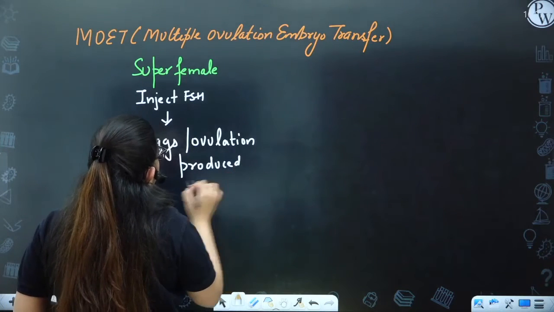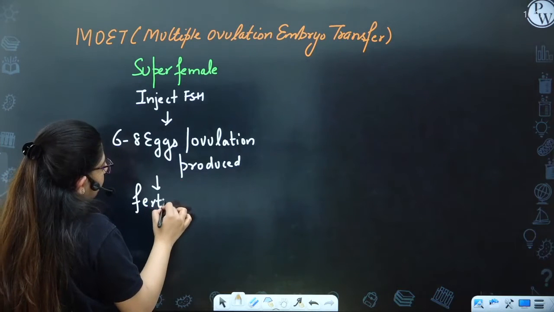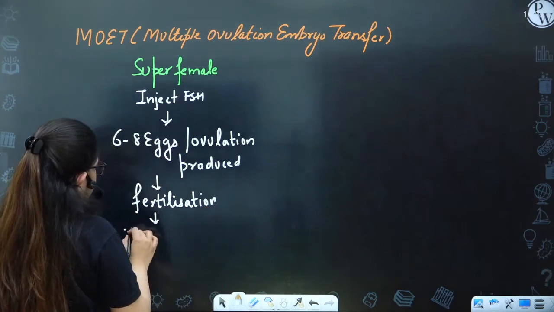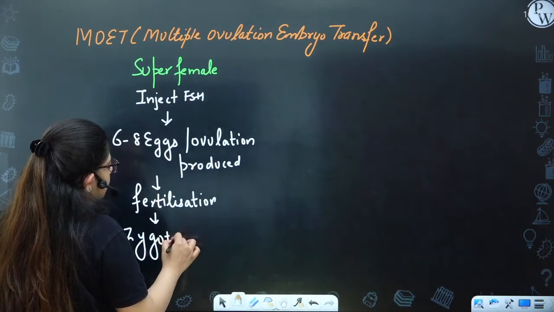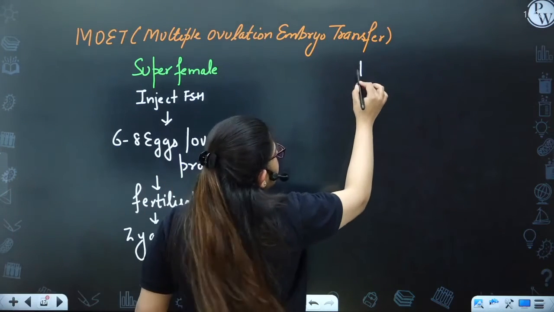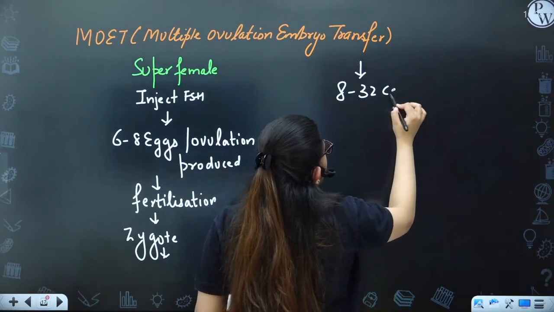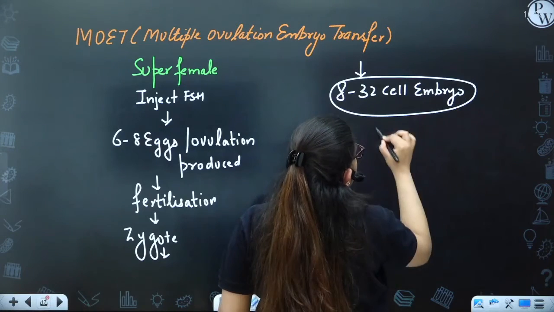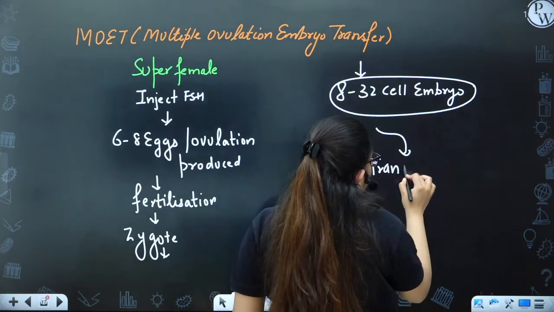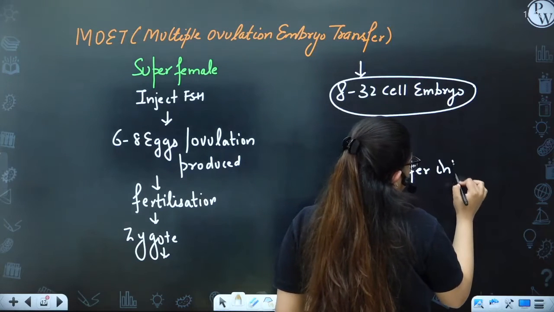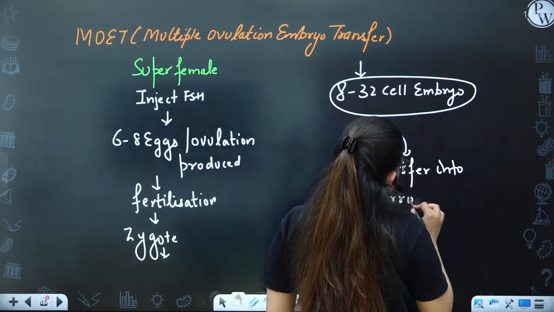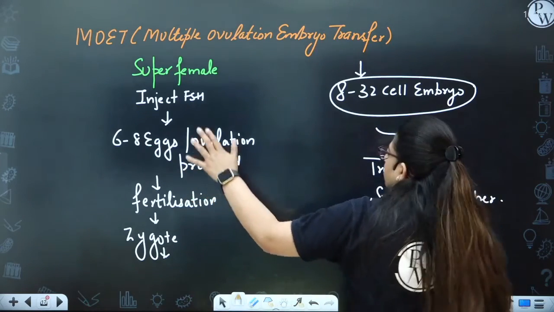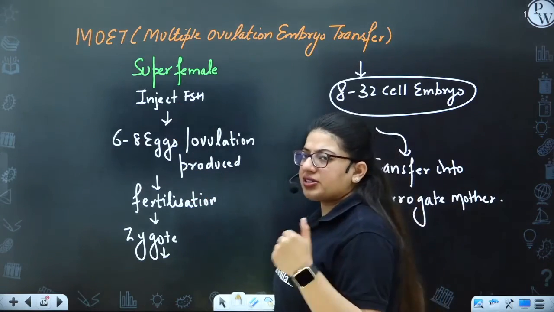Now we let fertilization happen. And what is formed? The zygote. And from the zygote, an 8 to 32 cell embryo. Now these embryos are transferred into a surrogate. So why aren't we just letting that cow get pregnant and have babies?